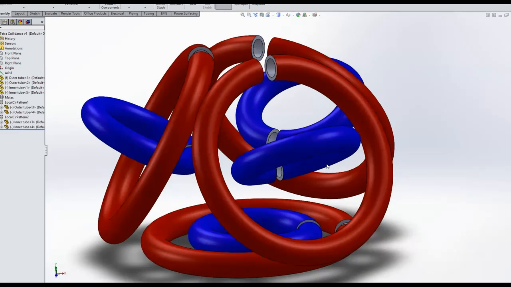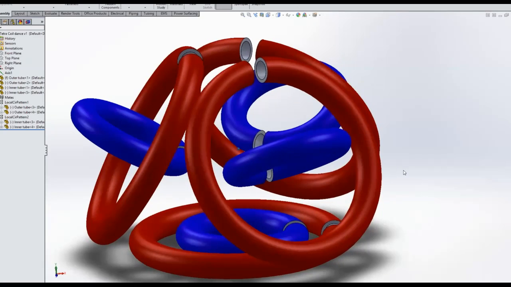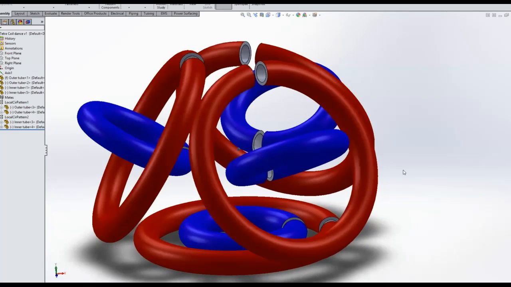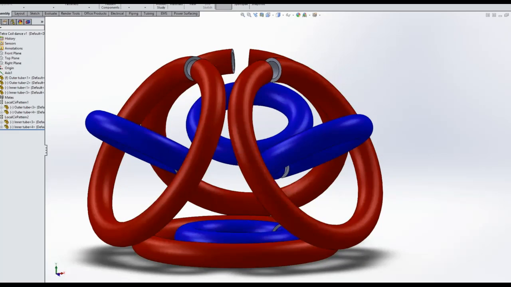Now my battery is basically inside my coils, both my gravitational and my magnetical. So I've set it up to where my battery's sitting in the core of my coils. I don't know if that's possible.